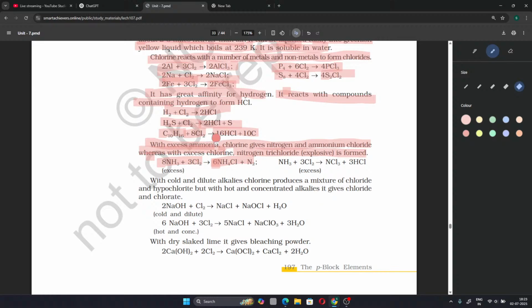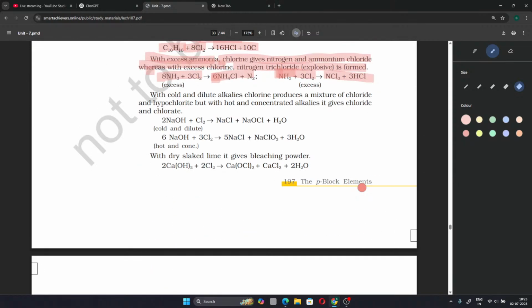When we take ammonia as excess, we will get nitrogen gas and ammonium chloride. And in case of excess chlorine, it will give us nitrogen trichloride, which is an explosive, plus HCl.